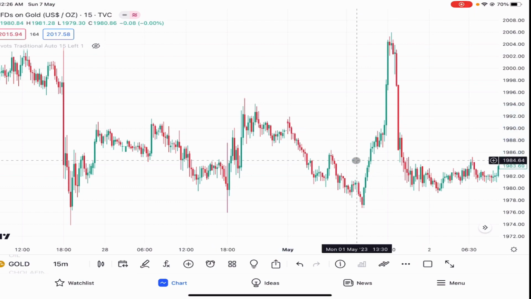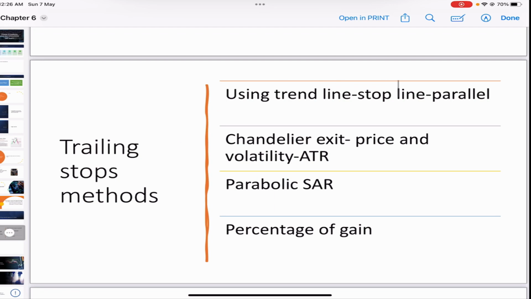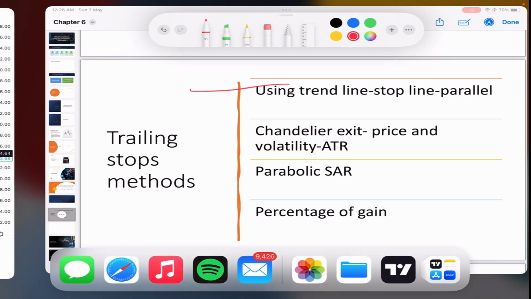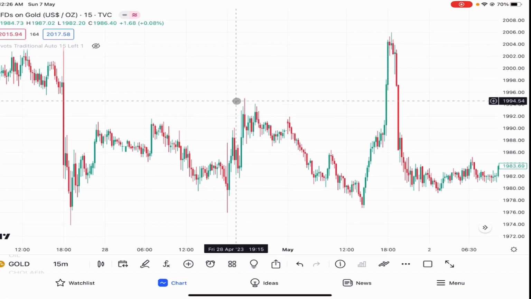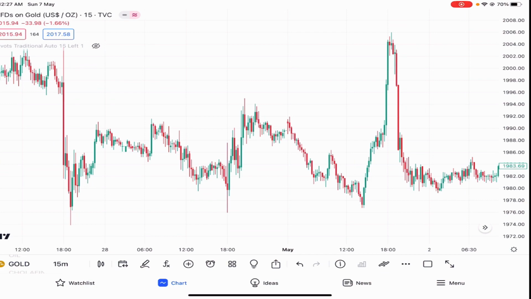So that is how you're going to trade a trend line, and that's how you're going to set a stop loss using a trend line. That is my first method. Hope you got that. And how are you going to trail it? Again, as my price moves further up, my trailing stop loss will come somewhere over here. So as my price moves up, you are also trailing your stop loss using your trend line.